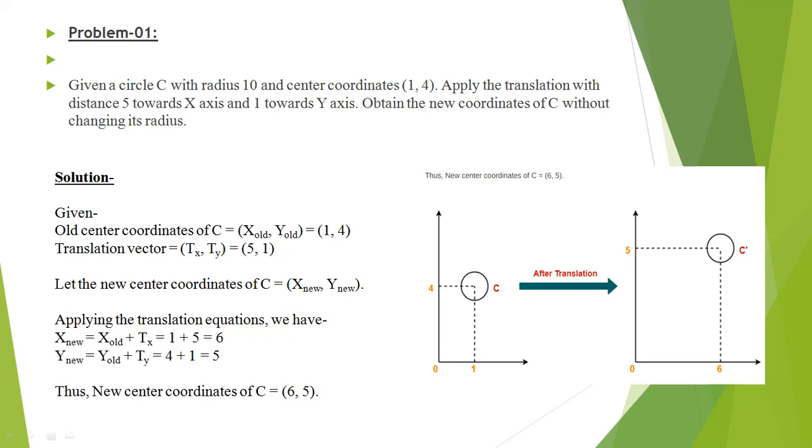So we get the values of x new and y new, that means the new coordinates of the new circle with the same radius. This is the diagram, the original diagram, and 1 and 4 are the old x and y coordinates. After performing the translation transformation, we get the new coordinates 6 and 5, that is 6 for the x coordinate and 5 for the y coordinate, without changing the radius of the circle.